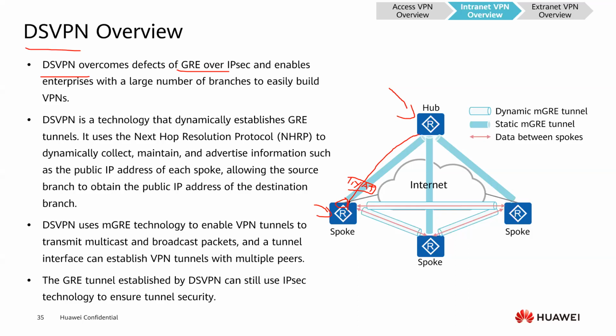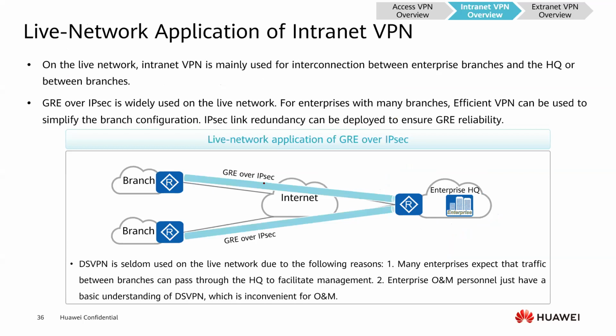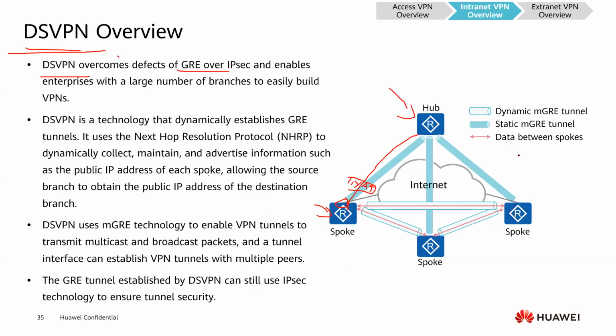Under that circumstance, you can use DSVPN. And for DSVPN you also need to create the IPsec, because DSVPN itself does not support encryption. So you also need to use it with IPsec.